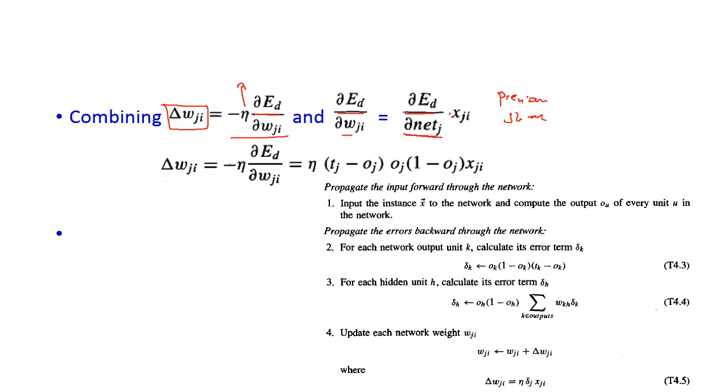So we are going to compare these two equations, then we will get delta Wij, which is equal to learning rate into (Tj minus Oj) into Oj (1 minus Oj) into Xij. This is taken from this particular equation, combining these two equations.